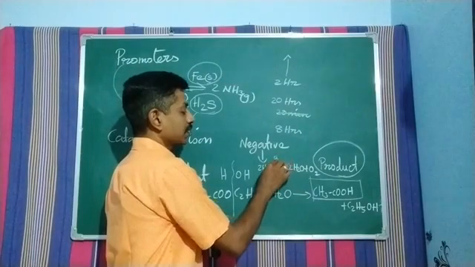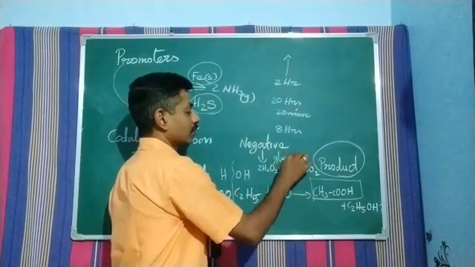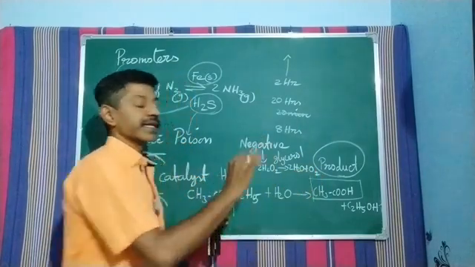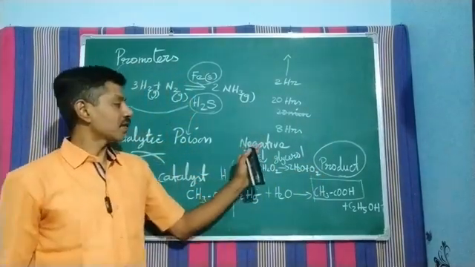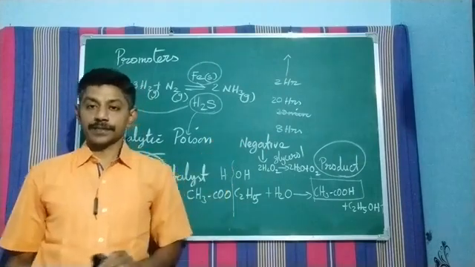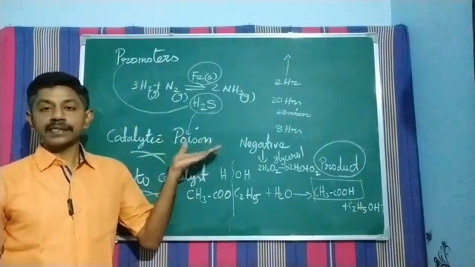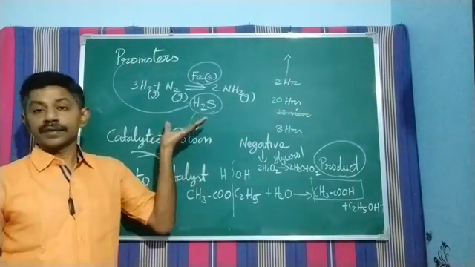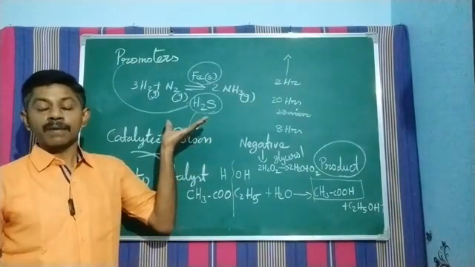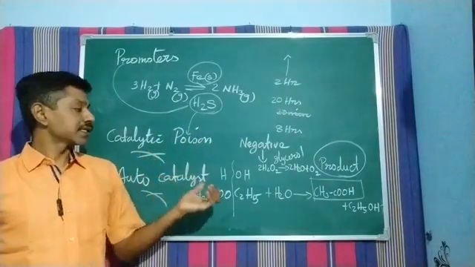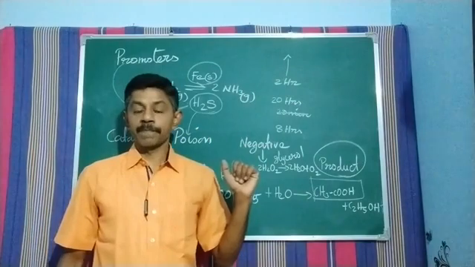So, in the presence of glycerol, the speed of releasing oxygen will be reduced. Then we talk about a negative catalyst. So, in catalyst types, we have learned about promoters, catalytic poison, autocatalysts, and negative catalysts.